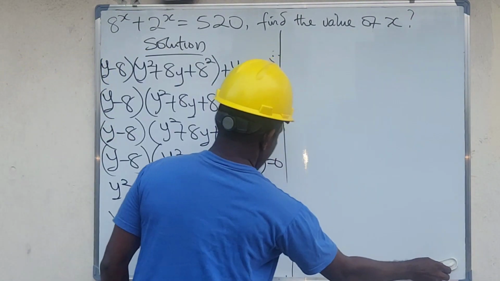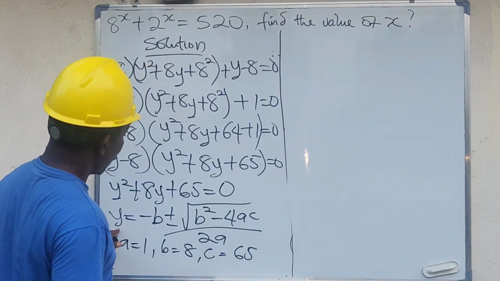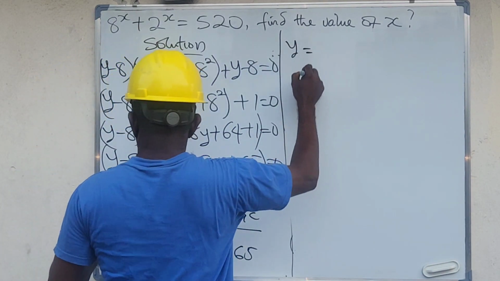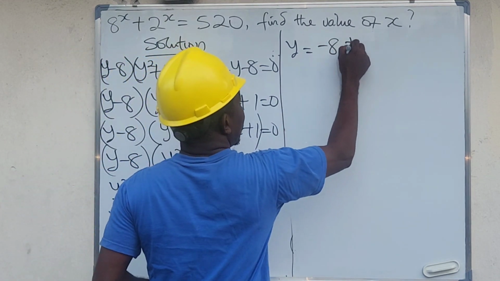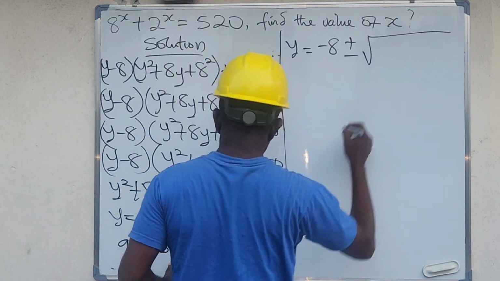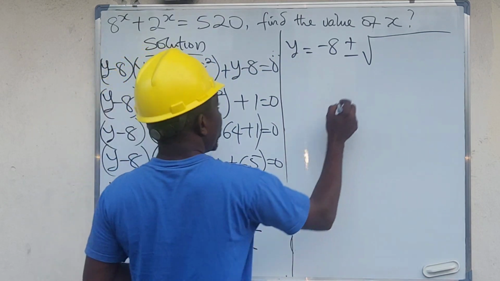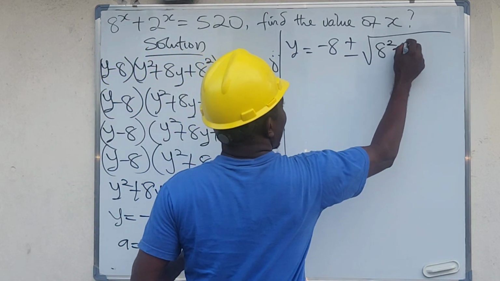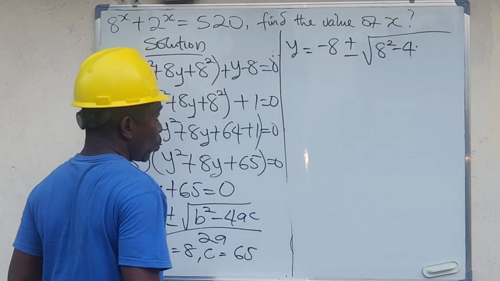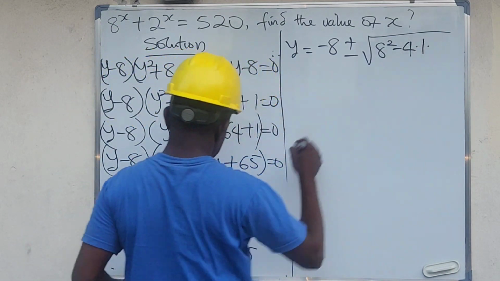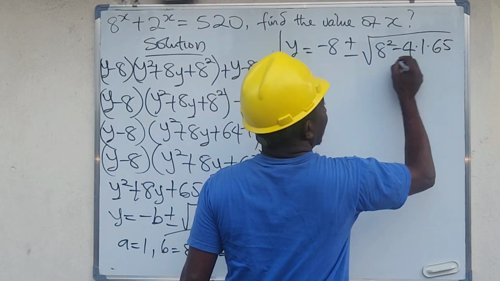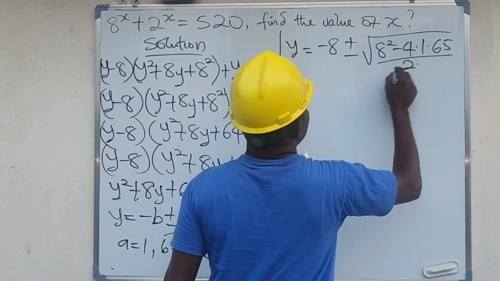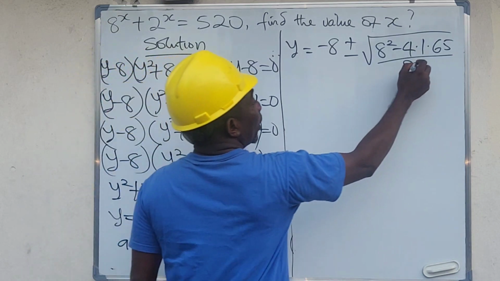Let's clean this. So now our y equals minus b, which is 8, plus or minus the square root of b squared, which is 8 squared, minus 4 times a, which is 1, times c, which is 65, all over 2 times our a, which is 1.